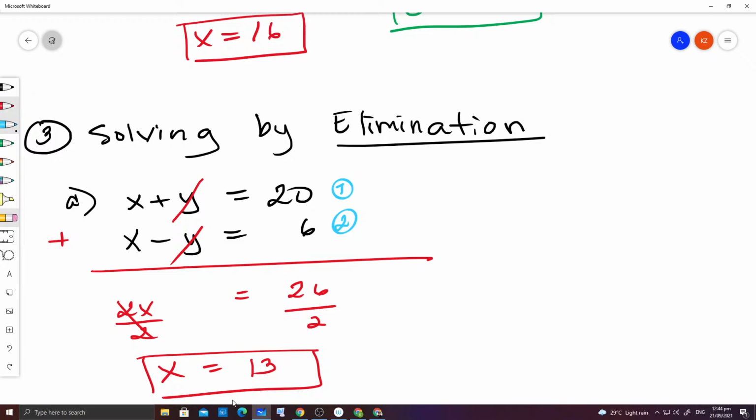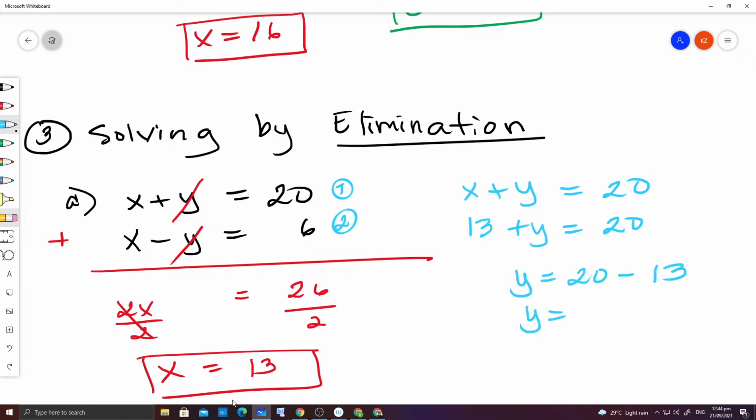Let's see if we can have the same answer, if I choose 1 and the other chooses number 2. If I choose 1, x plus y equals 20. So we have 13 plus y equals 20. So y equals 20 minus 13. y equals, how many is this? 7.